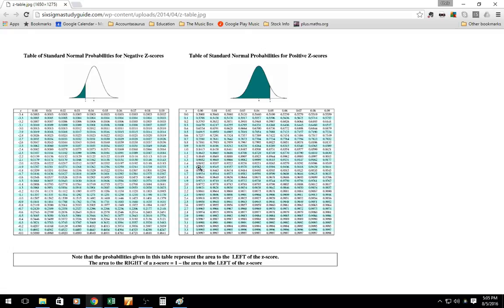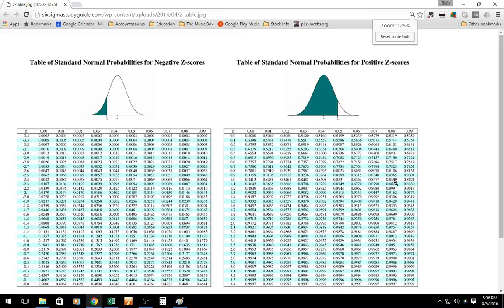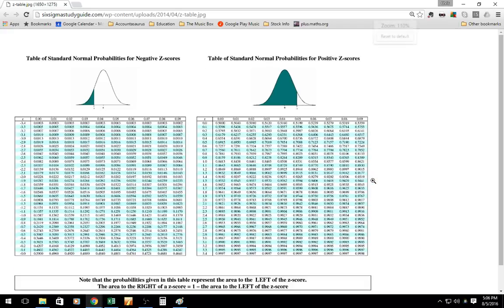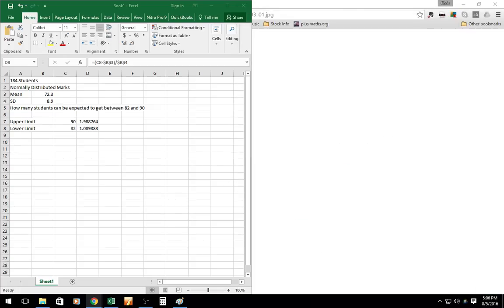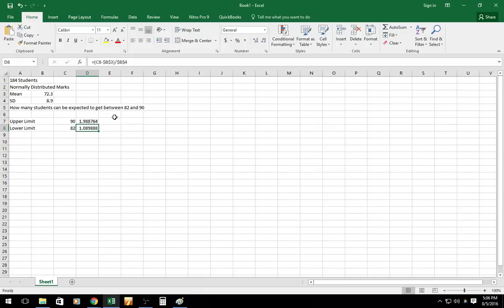So let's go to 1.0 and go over to 9, and that looks like 0.8621, or 86.21%. Yep, right there. Okay? Perfect. So the upper limit here ends up being 97.67%. And the lower limit is 86.21%.